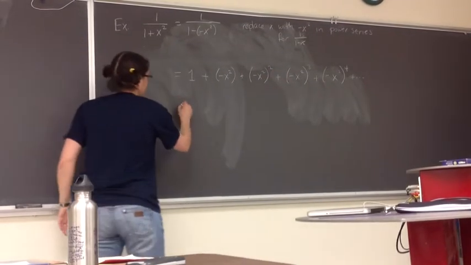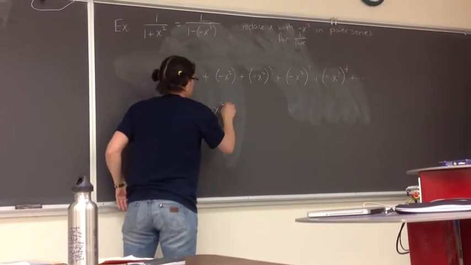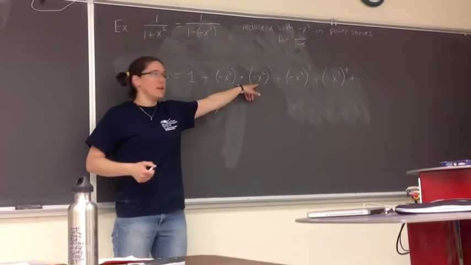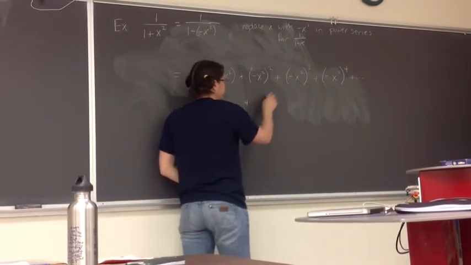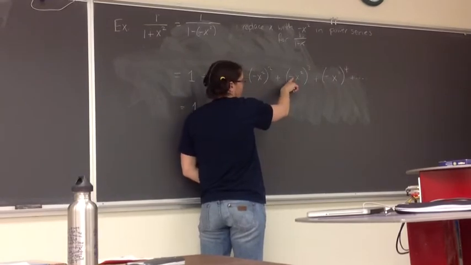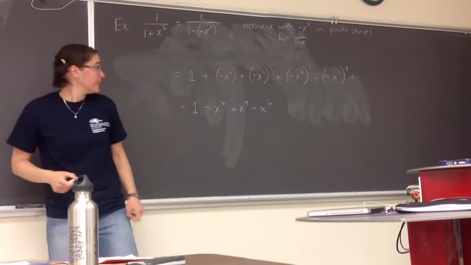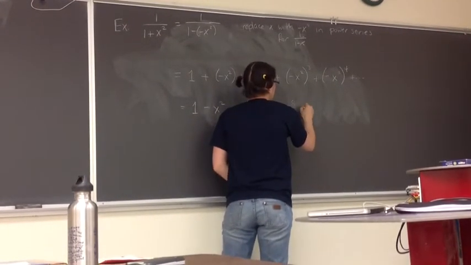So in terms of simplifying this, I've got a 1 minus x squared. Now when I square the negative here, it goes away, so I have plus x to the fourth. Now I've got an odd power, so I've got a minus, and then x to the sixth. And then plus x to the eighth.